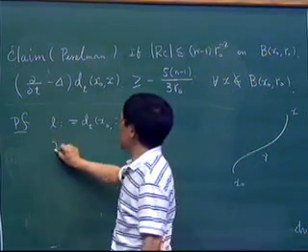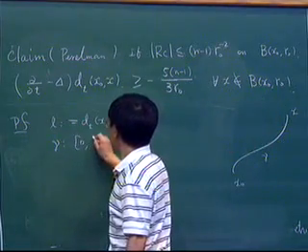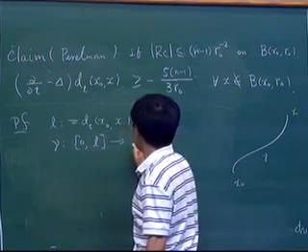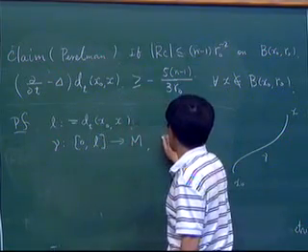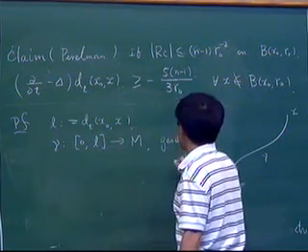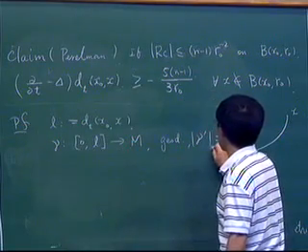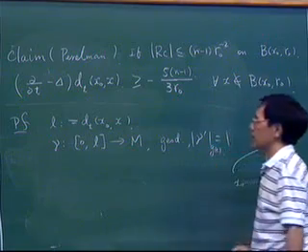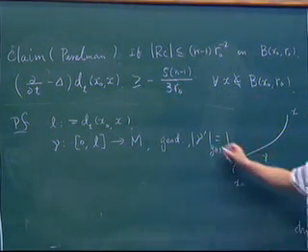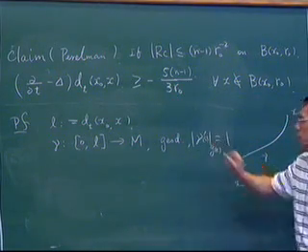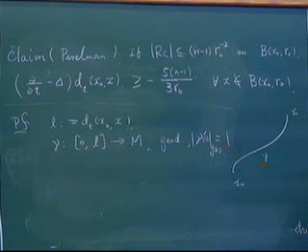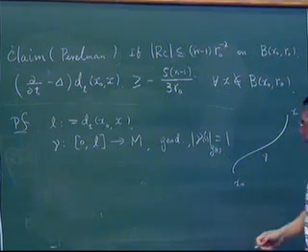So gamma is the geodesic, and we suppose that it is a normalized geodesic with respect to g(t).